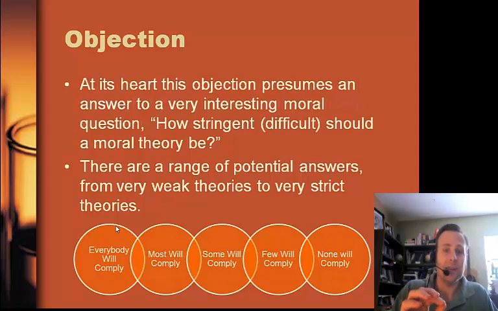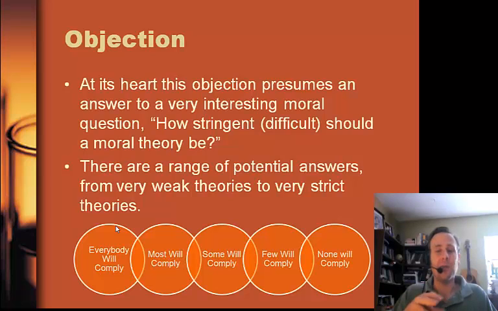So, at the heart of this objection really is a claim about what a moral theory ought to look like. And the question is, how strict, how stringent, should a moral theory be? And utilitarianism is a fairly strict moral theory. Right? It requires a lot of us. It's stringent.